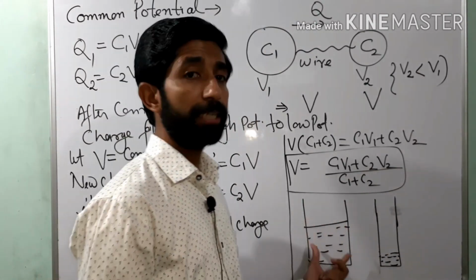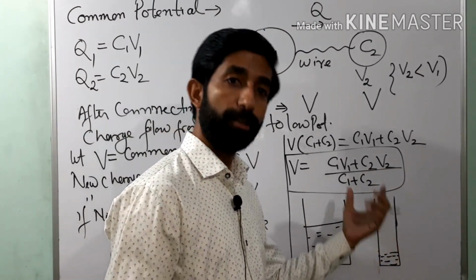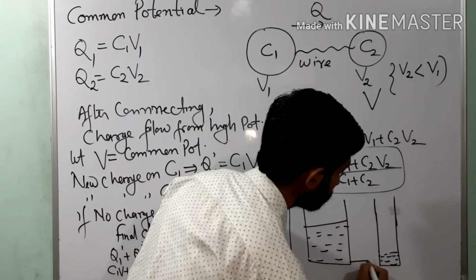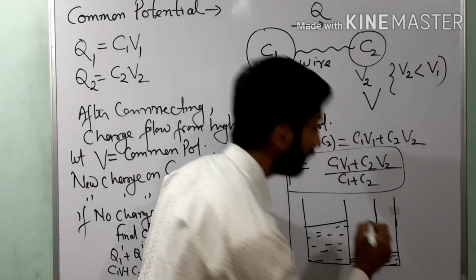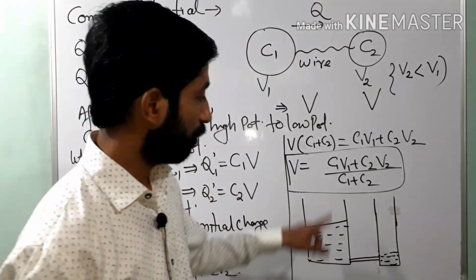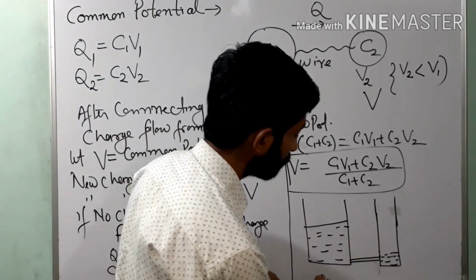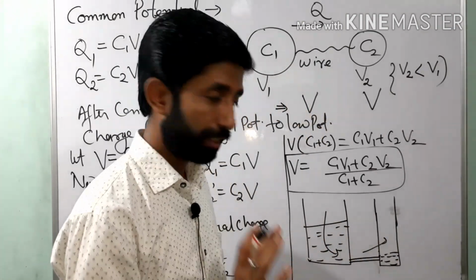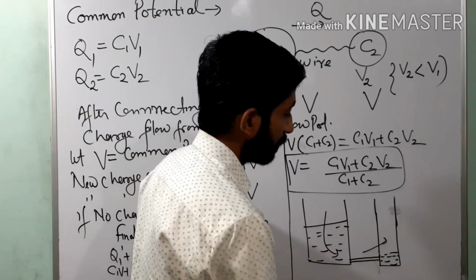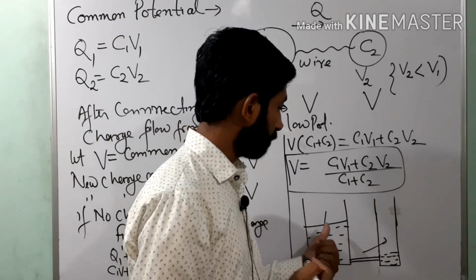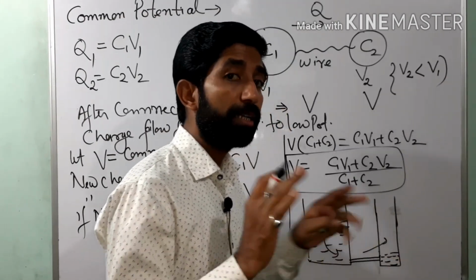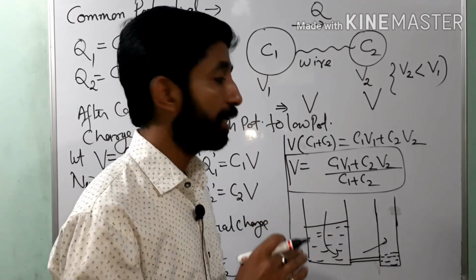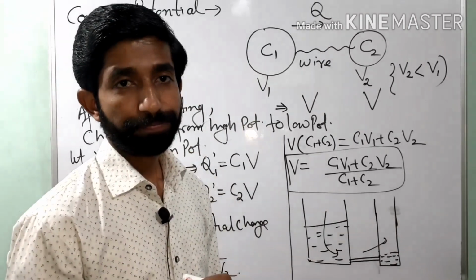Obviously its capacity is high and that of this one is low. But what happens if they are connected by a pipe? Obviously the liquid goes from this to that container, and it continues to flow until the level of the two liquids becomes equal in the two containers.